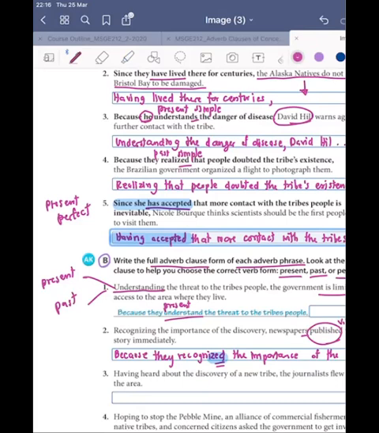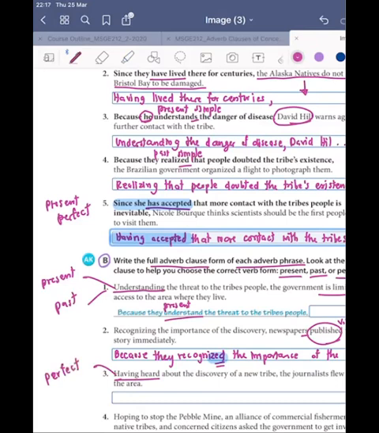Number 3, having heard about the discovery of a new tribe, the journalists flew to the area. Having heard, of course, then it has to turn into perfect.